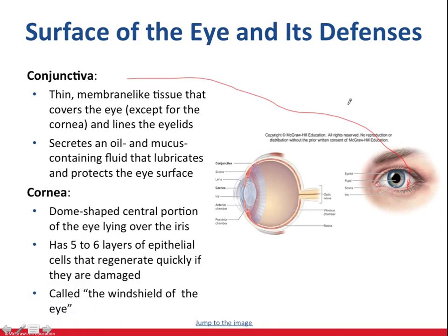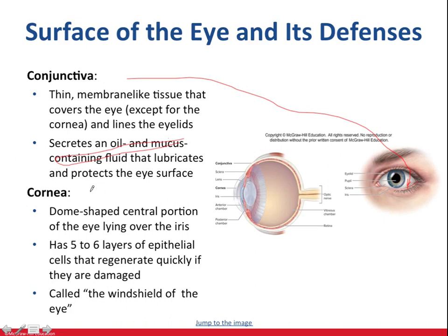It's the thin membrane-like tissue that covers the eye, except for the cornea. So the cornea doesn't have the conjunctiva. It also lines the eyelids, so it can secrete mucus-containing fluid. This fluid can lubricate our eyelids and protect the eye surface.